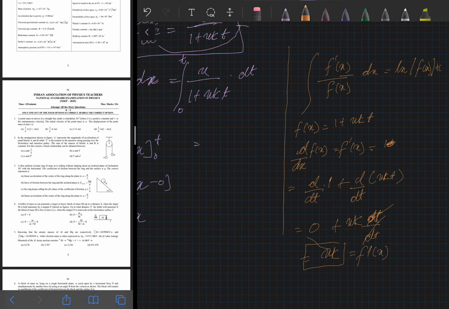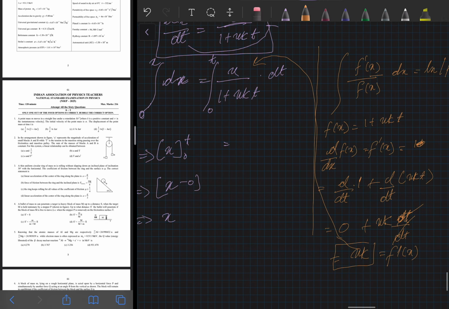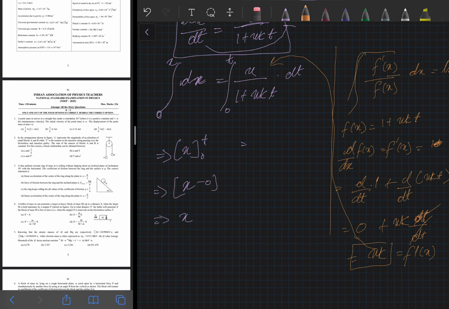But do we have uk here? No, we only have u. So we do not exactly have this format, but we can make it in that format by making some modifications. If we divide both the numerator and the denominator by k, we haven't changed anything because the numerator and denominator cancel each other.